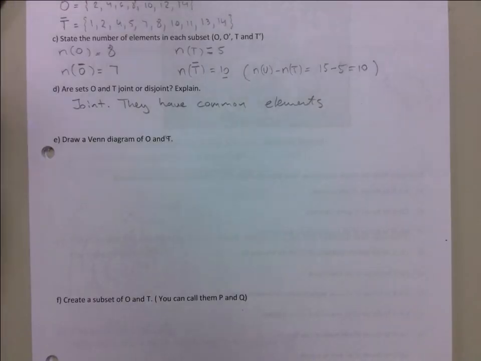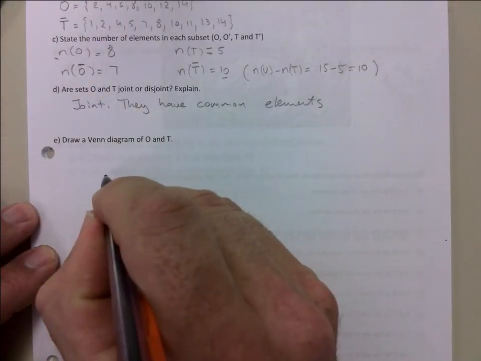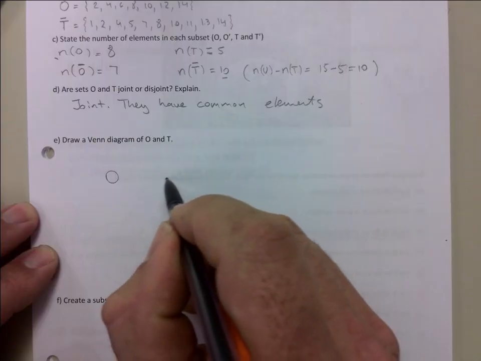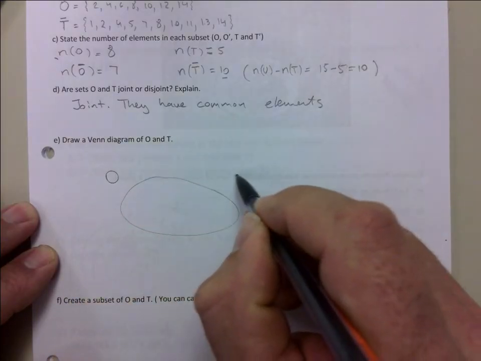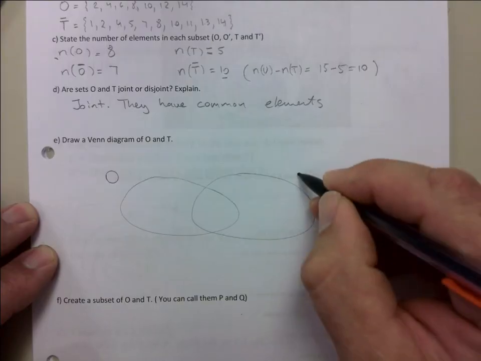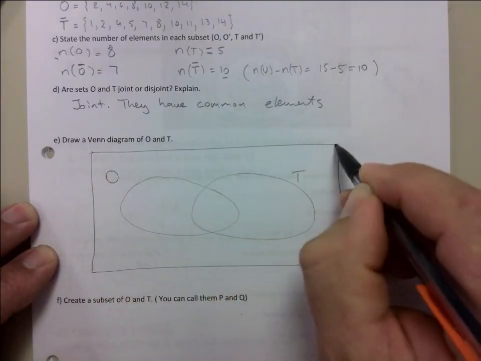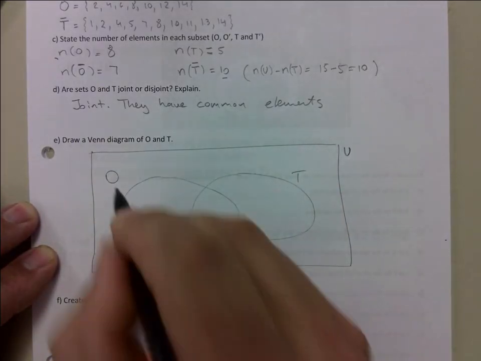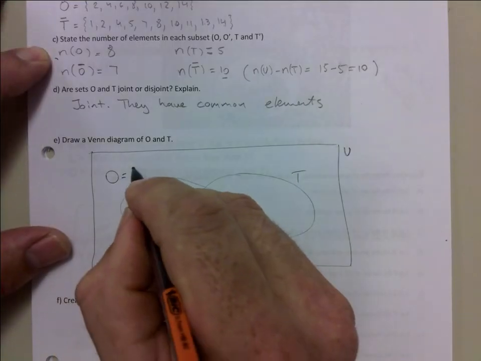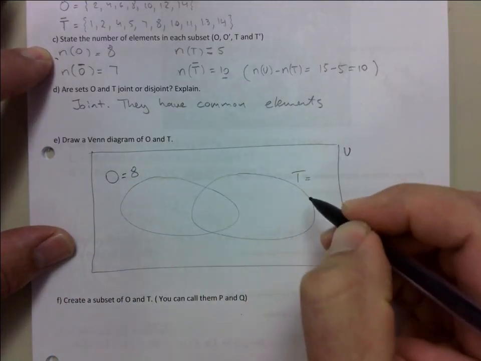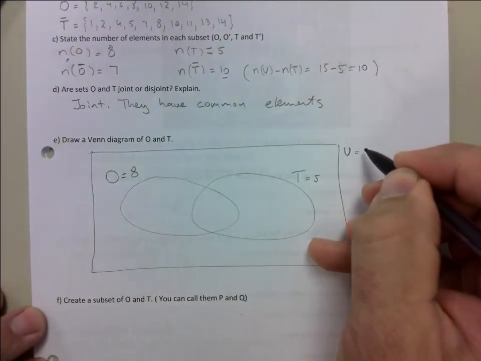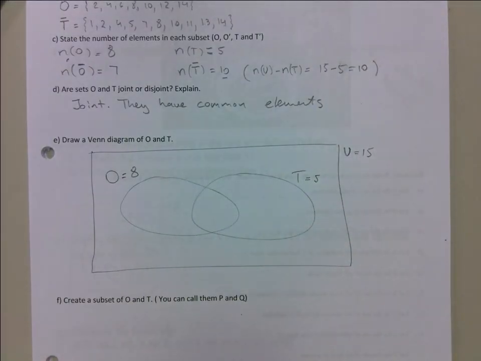You check. So O and T, I'm going to start with O here, and I know there's overlap. And this is T. I'm going to put my box around it already. That's my universal. I know that O is supposed to have 8 elements, and T is supposed to have 5. My universal has 15. That's always a good check.